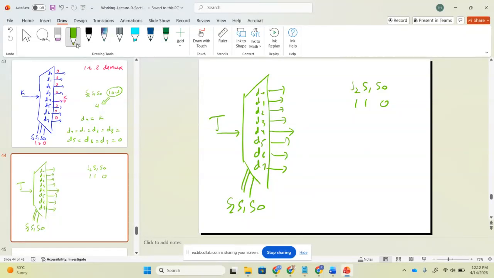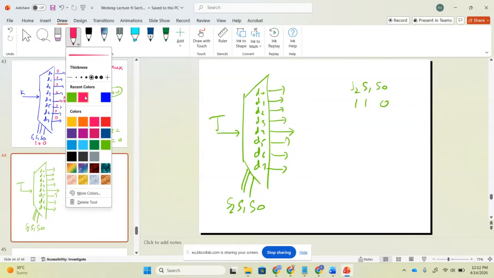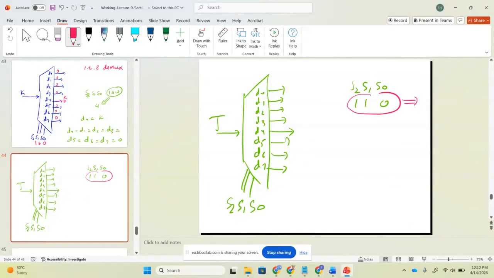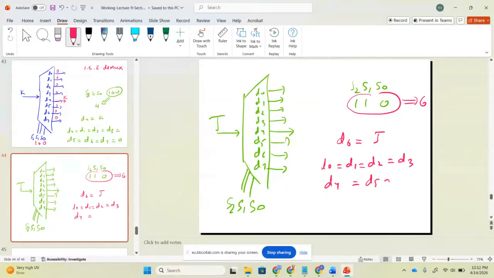D6 is equal to J. Yes. So in this case, 110 is the index of 6. So it means that D6 will be equal to J. What about D0, D1, D2, D3, D4, D5 and D7? All of them will be 0.